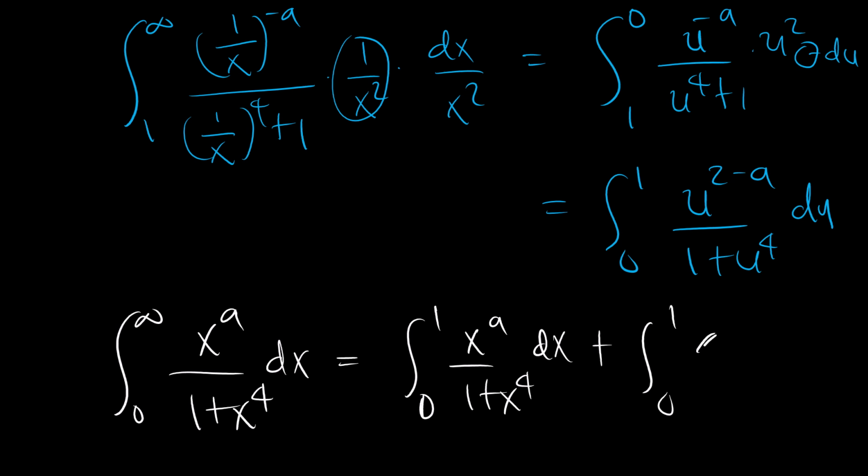So we have the integral of x to the a over 1 plus x to the fourth, and one thing we know is that in this domain the absolute value of x is less than 1.